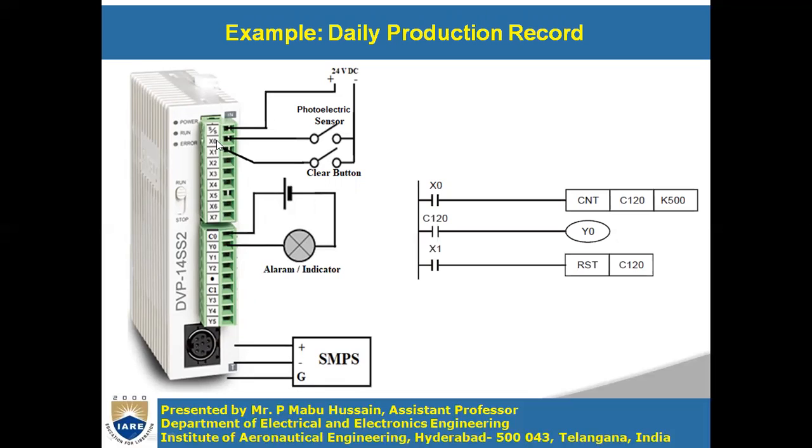Whenever X0 is energized, the counter has to be incremented by a value of 1, and like that as more products come in. Whenever it reaches the target, Y0 has to turn on and the alarm or indicator has to glow.